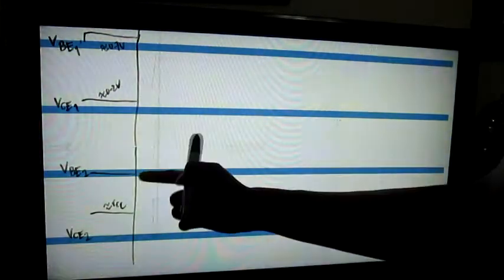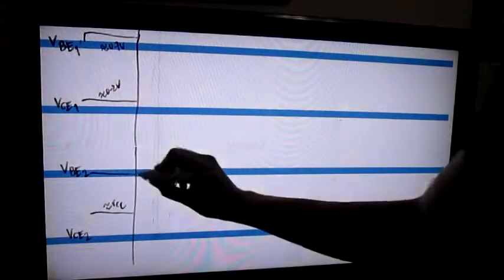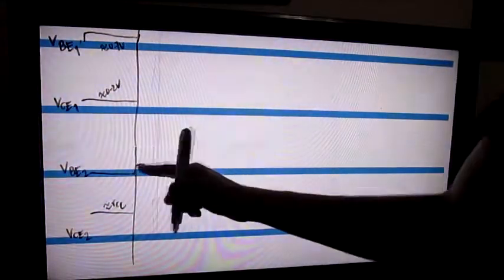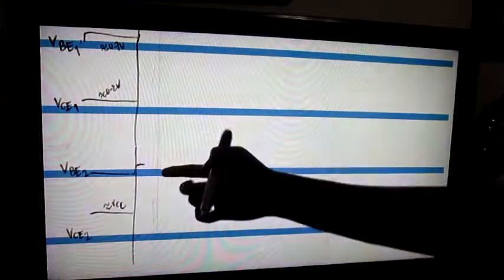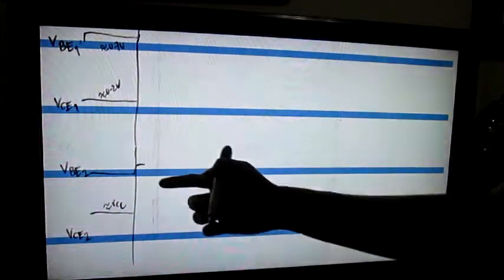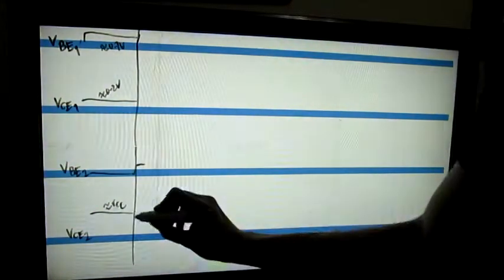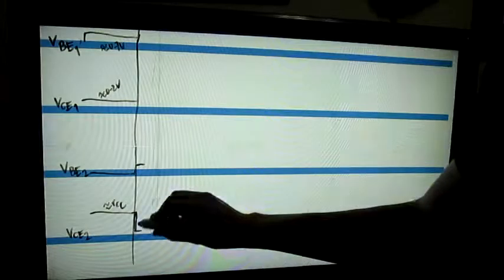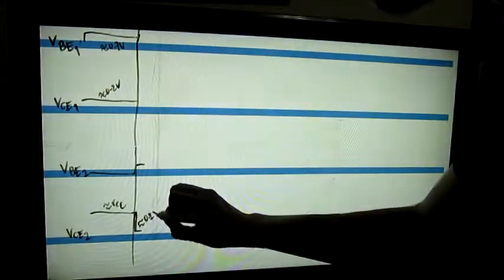When the base emitter voltage of Q2 rises to about 0.7 volts after capacitor C1 has been charged to VCC minus VBE1, VCE2 turns on, so its voltage is now around 0.2 volts.